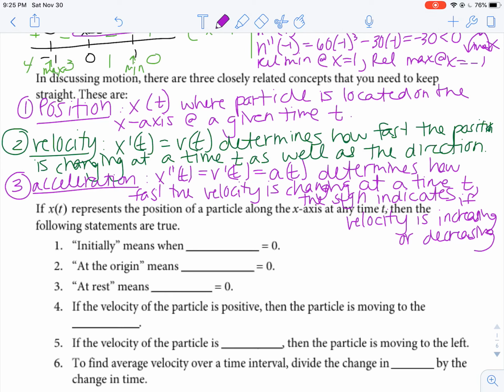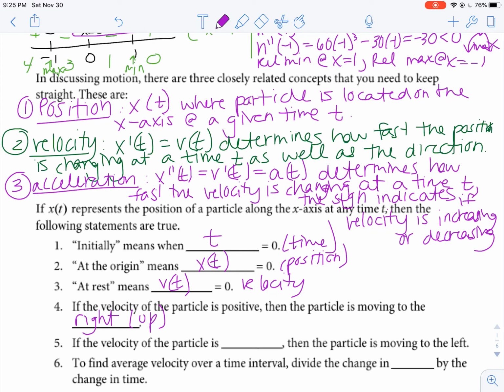All right, initially means when t equals 0. At the origin means when the position, x of t, equals 0. At rest means v of t, velocity, equals 0. If the velocity of the particle is positive, then the particle is moving right or up.